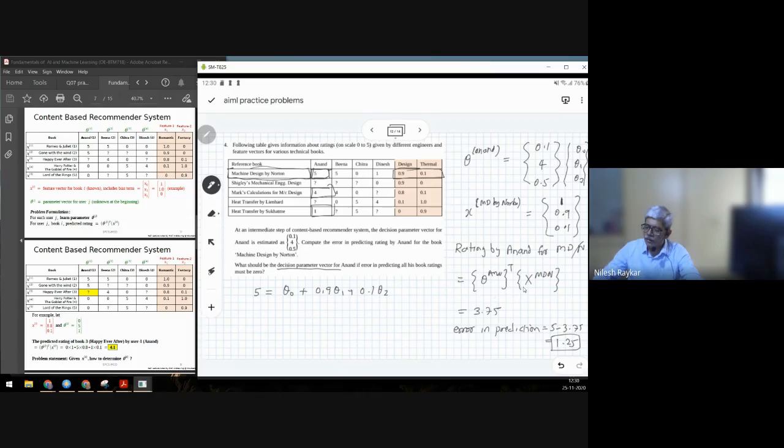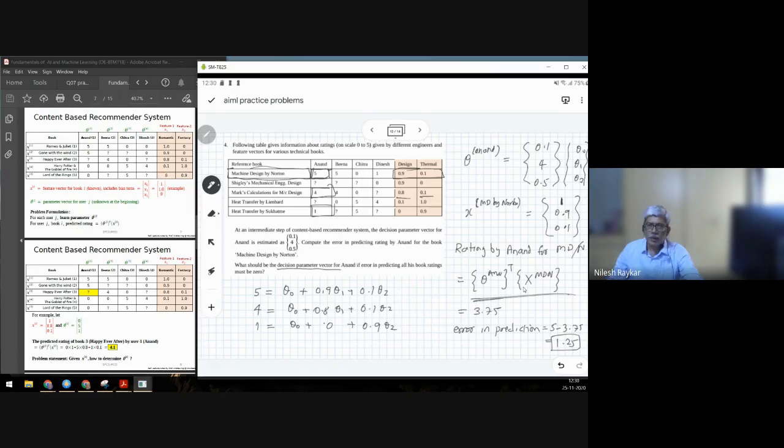Just like what we did here, except here theta 0, theta 1, theta 2 are unknown. Similarly, for the Mark book, the rating is 4, and that is theta 0 plus 0.8 theta 1 plus 0.1 theta 2. And for the last book we have 1, so theta 0 plus 0 times theta 1 plus 0.9 theta 2.